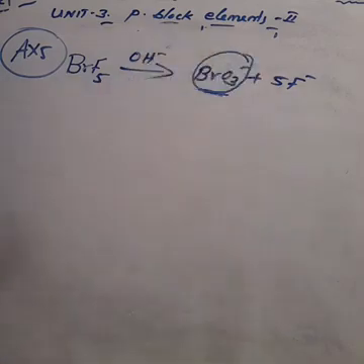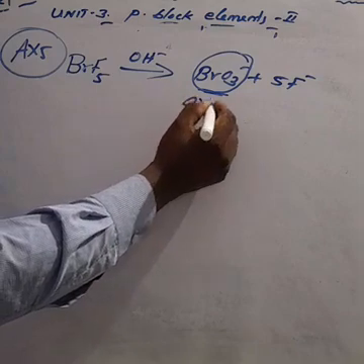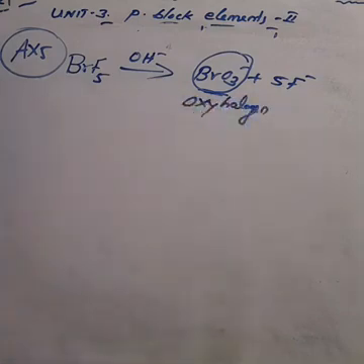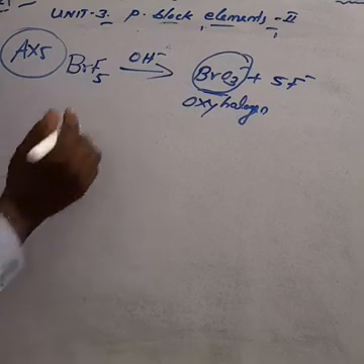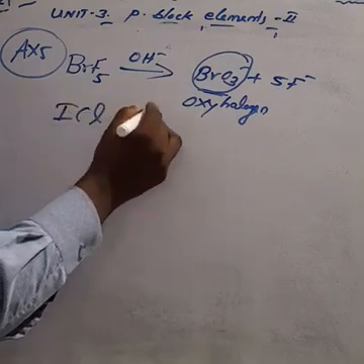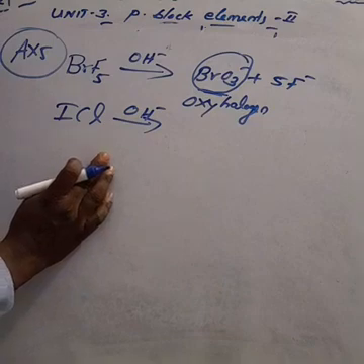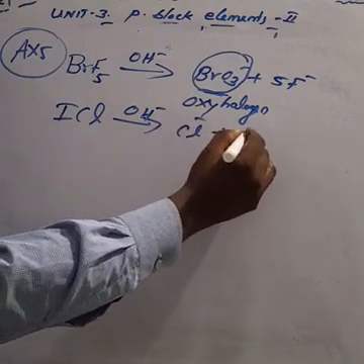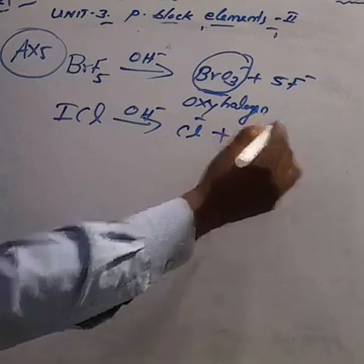The larger halogen forms oxyhalogen, that is BrO3 minus. Next one, ICl in the presence of OH minus ions gives Cl minus plus OI minus, hypoiodate ion.